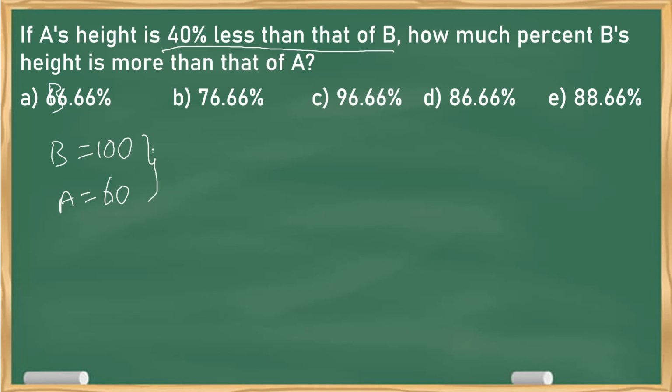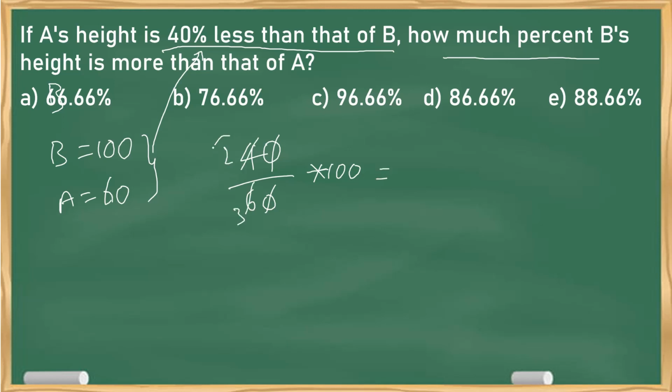This is a comparison in the first statement, but in the second statement, by what percentage is B's height more than A's? How much more is B than A? 40, and comparing with whom? 60. So 40 by 60 into 100. This is 2 times, this is 3 times, so 2/3. You remember, 2/3 means 66.66%.